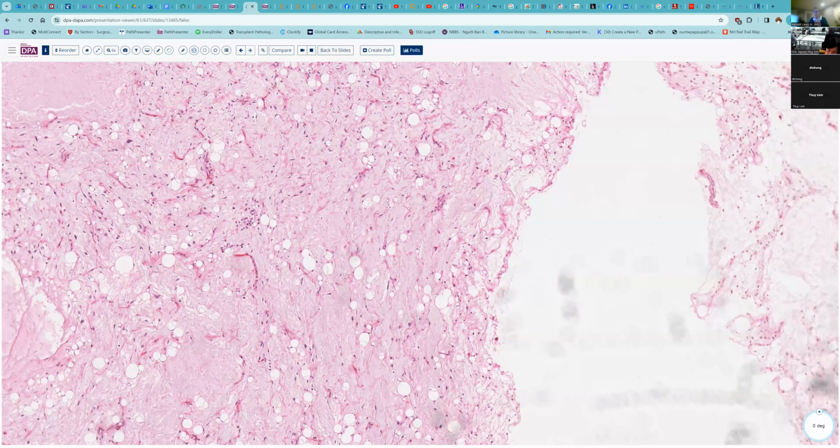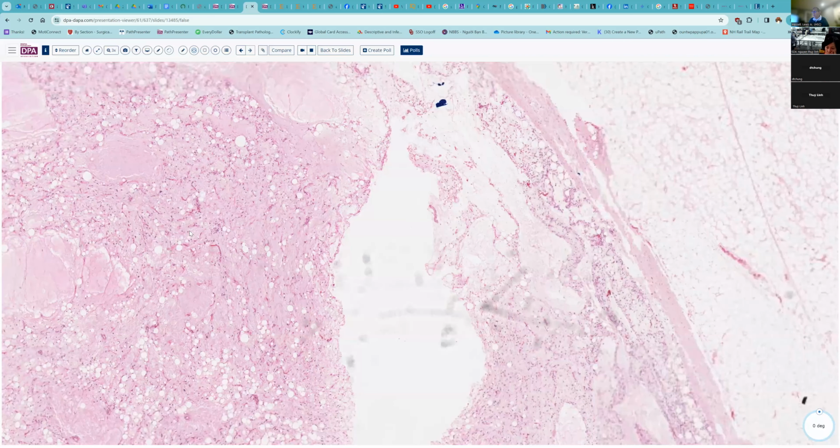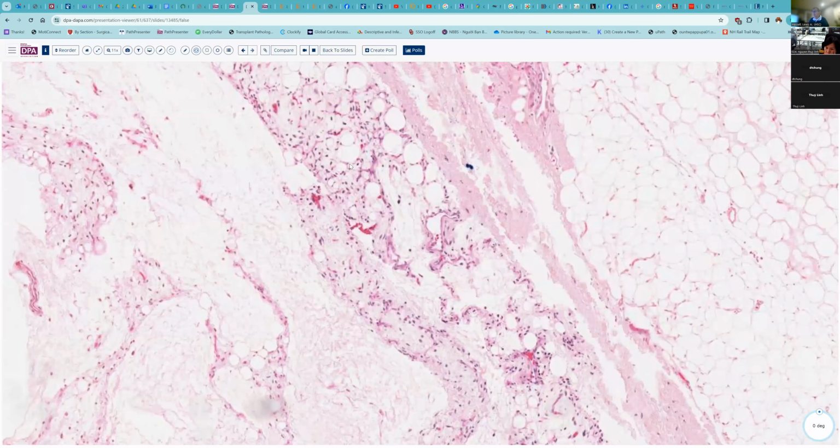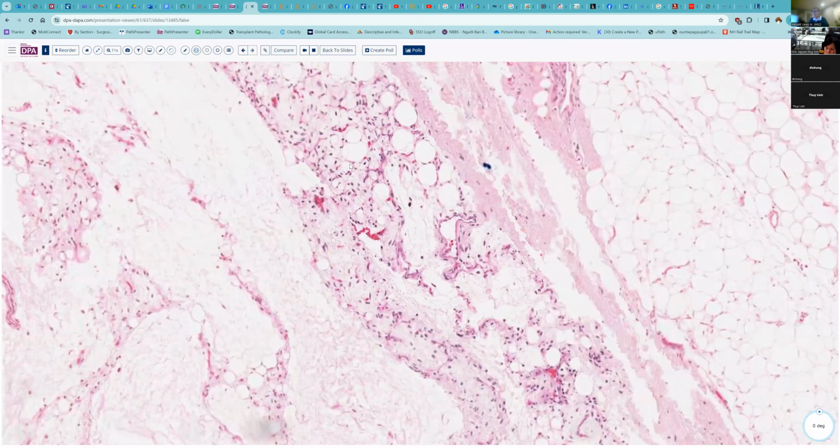And actually, these bi-droplet appearance lipoblasts are quite common in the lipoblastoma. So here's another one. Very characteristic appearance of these lipoblasts. So any questions about lipoblastoma?